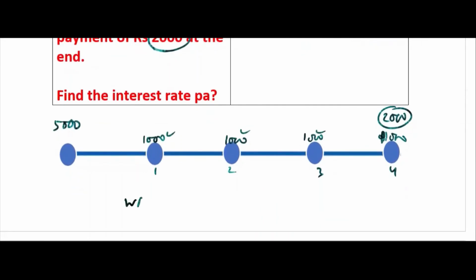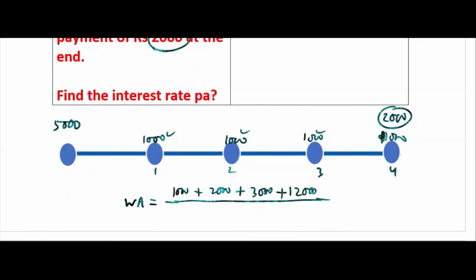I will weight 1000 one time, this 1000 two times, 2000, this 3000 plus this one 2000 plus 1000, 3000 into 4, 12,000, divided by the payments.